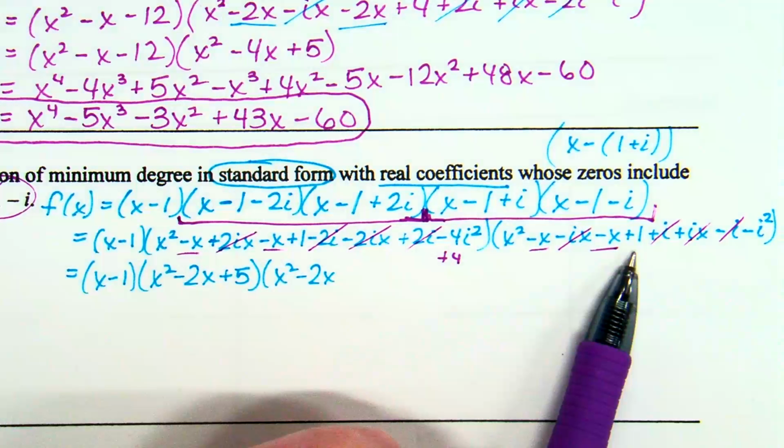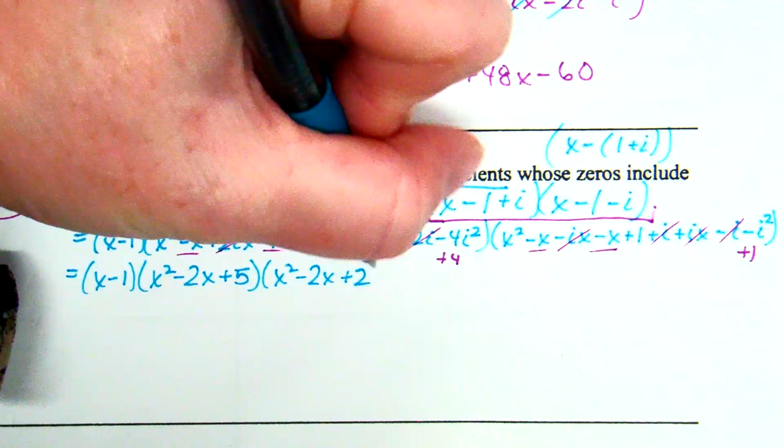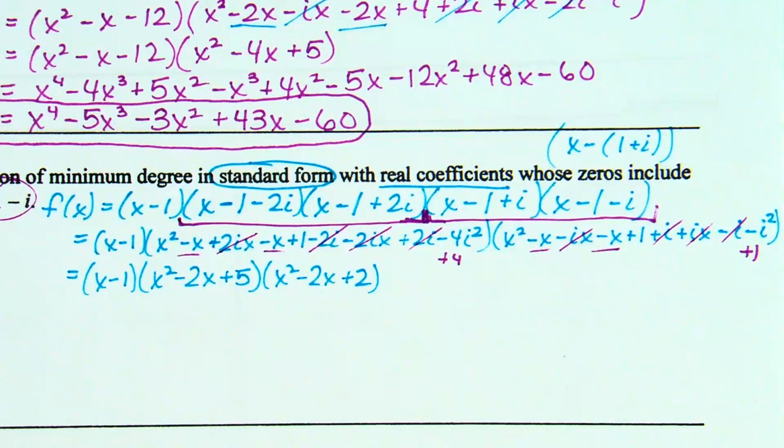I have a plus 1. And what do you know about minus i squared? It's minus negative 1, so it's plus 1. A plus 1 and a plus 1 is a plus 2. Good news? We've got all the i's gone, right?